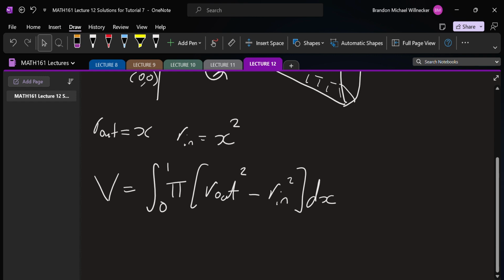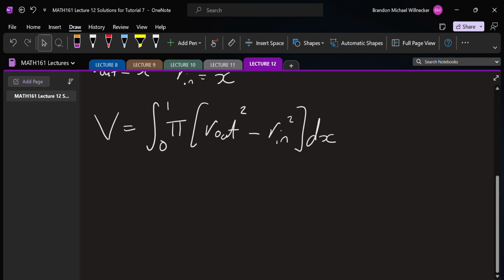So if you do your integral and you end up with a minus sign, it means you've swapped something. It should be out minus in, so that you have the larger volume minus the smaller volume. You don't want the smaller volume minus the larger volume, because then you're going to end up with a negative.